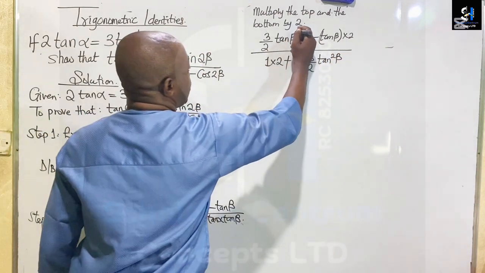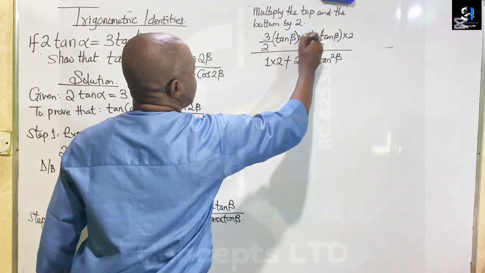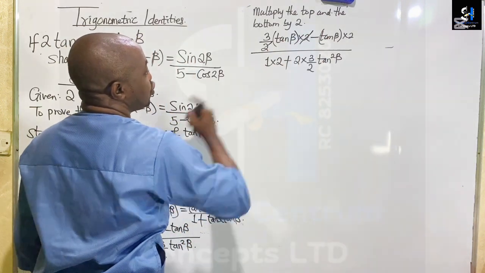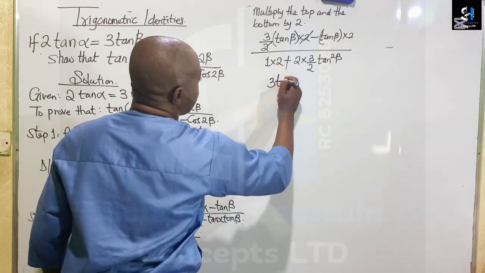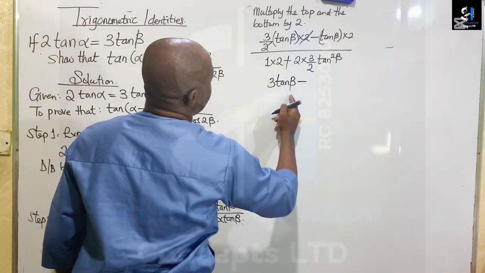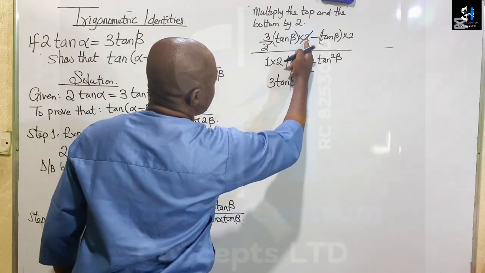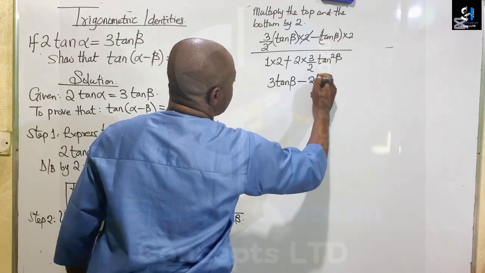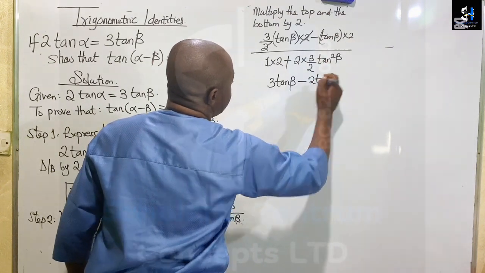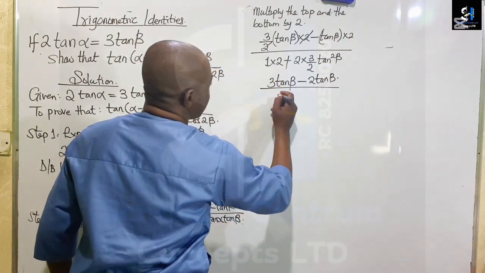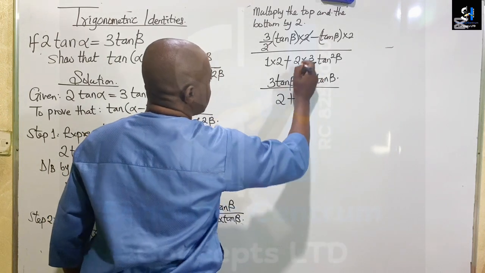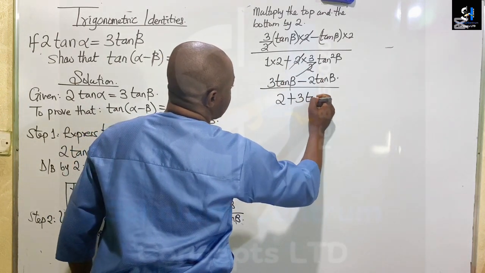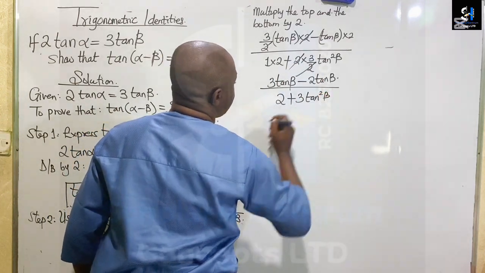The 2s cancel out, so the numerator reduces to 3 tan beta minus 2 tan beta, and the denominator is 2 plus 3 tan square beta.